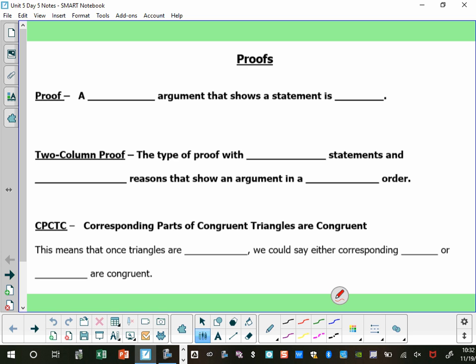All right, so a proof is a logical argument that shows the statement is true.